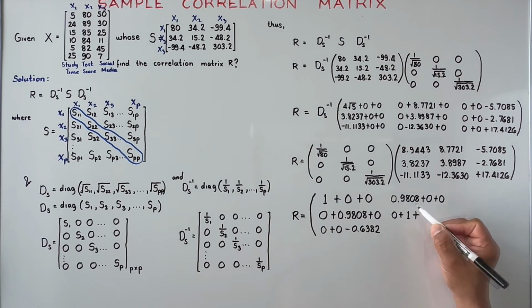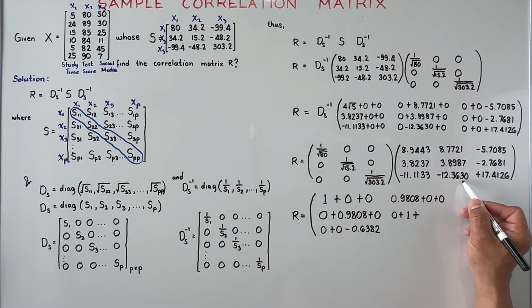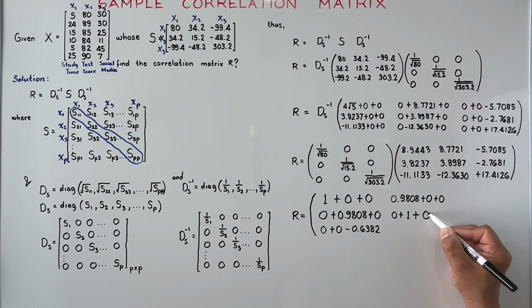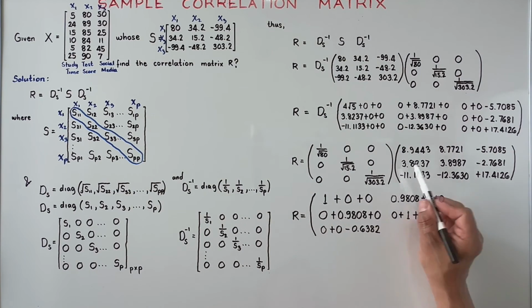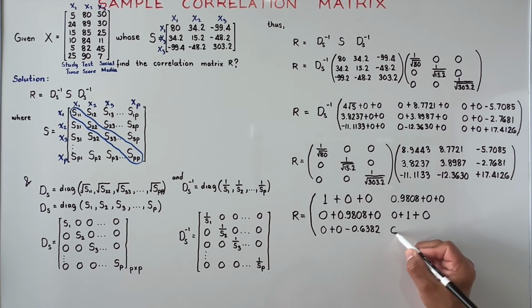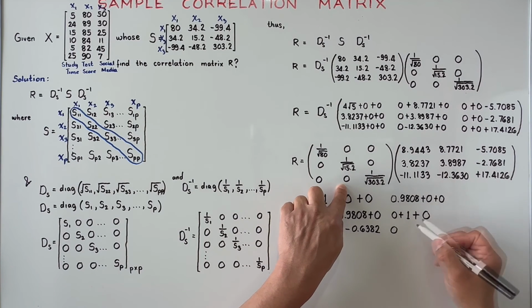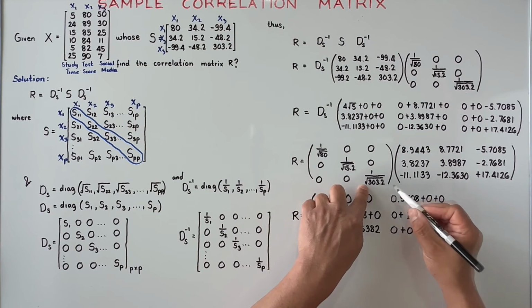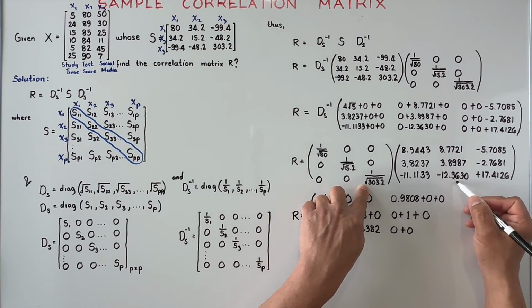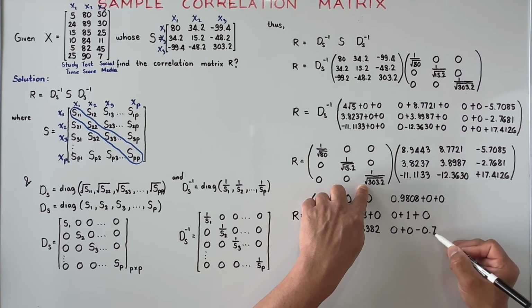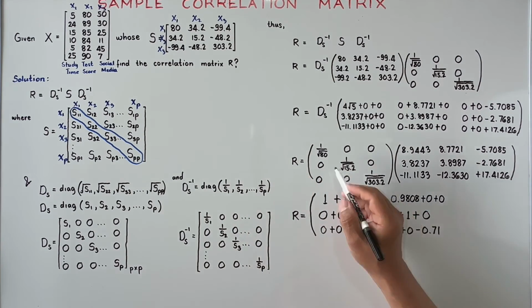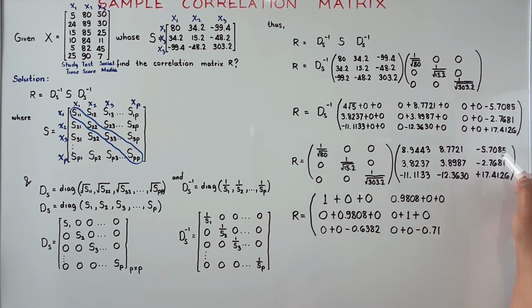And 0 times this negative 12.3630, that's 0. And then multiplying this third row by the second column, 0 times this number, that's 0. 0 times this number, 0. But 1 over the square root of 303.2 times negative 12.3630, that is negative 0.71.